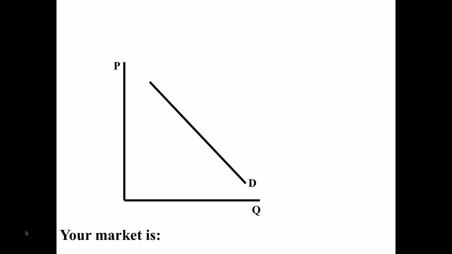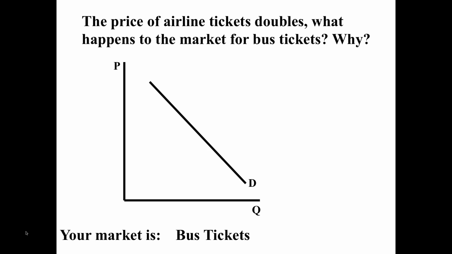We're going to have quantity on our x-axis, and then we have a downward sloping demand curve, which we label D. So whenever you do these problems, you're going to start off just like this. Prices on your y-axis, quantities on your x-axis, then we have a downward sloping demand curve, which we call D. So our market is going to be bus tickets for this scenario. It says the price of airline tickets doubles.